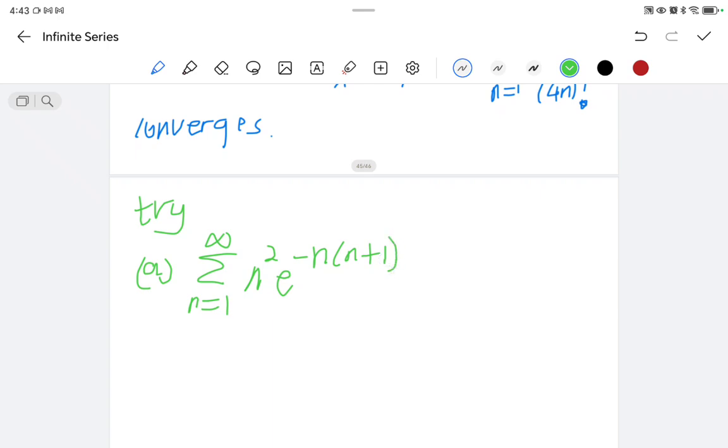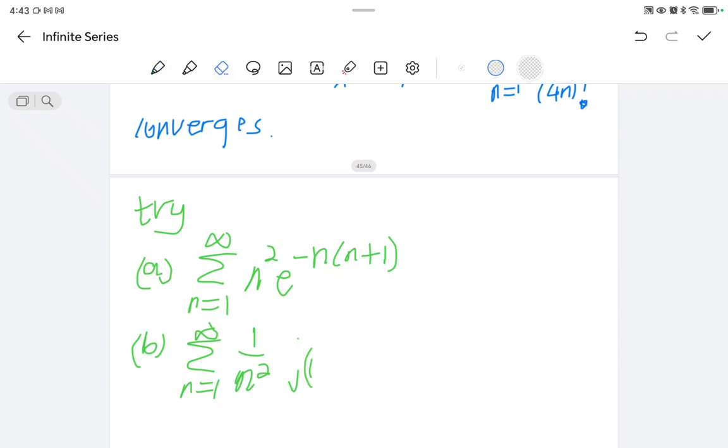Try this. Then again, try the summation n equals 1 to infinity of 1 over n squared. Let me just write here, C. Try this.